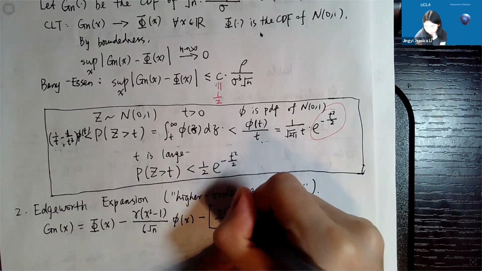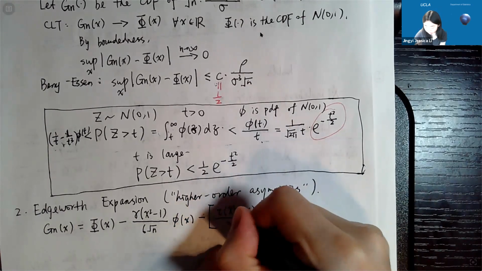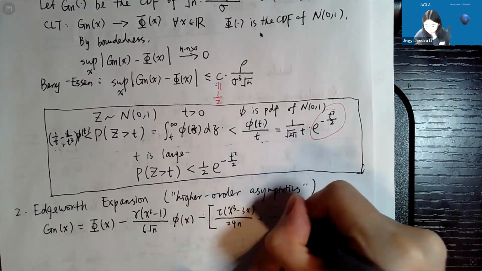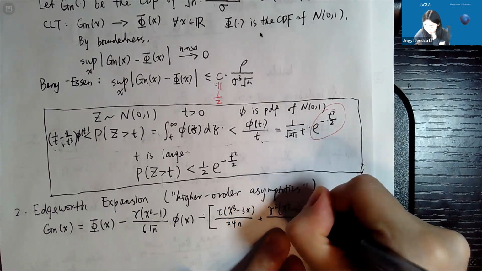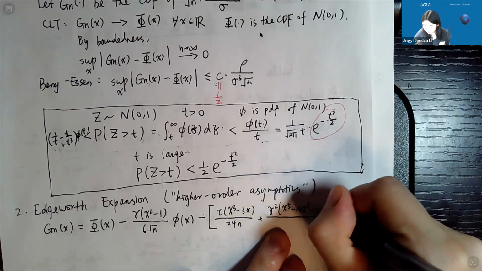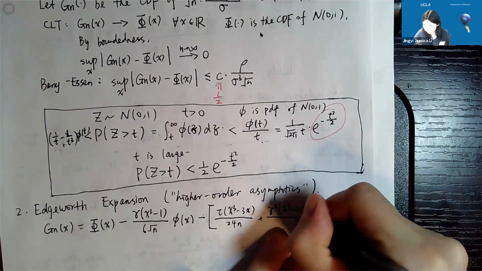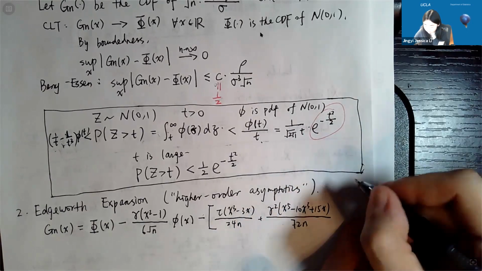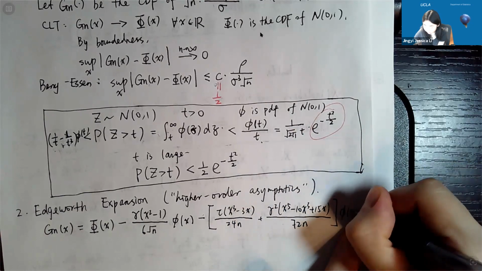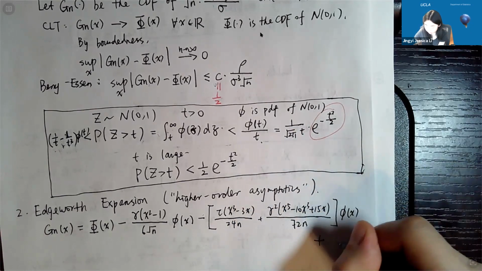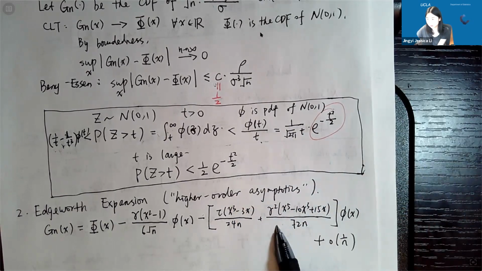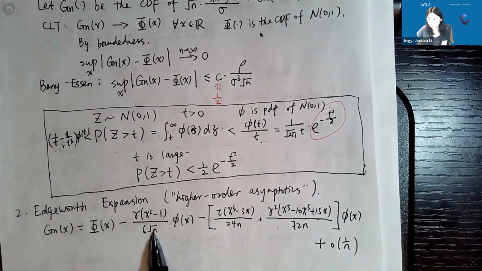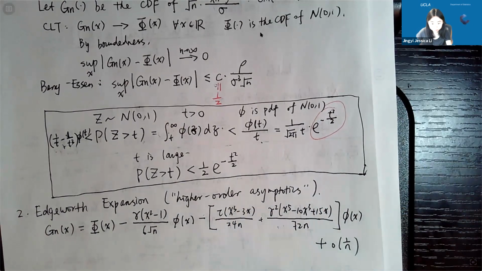Tau (x cubed minus 3x) over 24n plus gamma squared (x to the 5 minus 10x cubed plus 15x) over 72n, times phi(x). And finally, we have a remainder that's small o of 1 over n. Because this term is on the order of 1 over n, this term is on the order of 1 over root n. Okay, so what are gamma and tau?